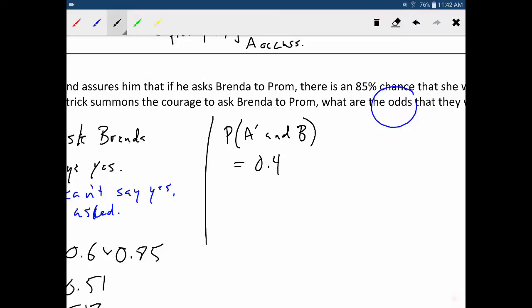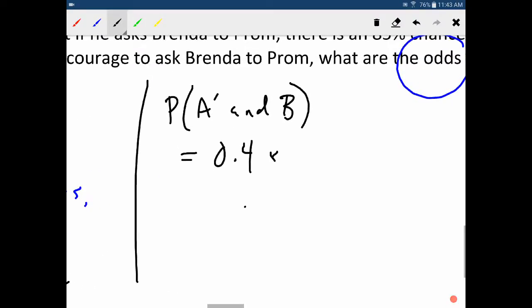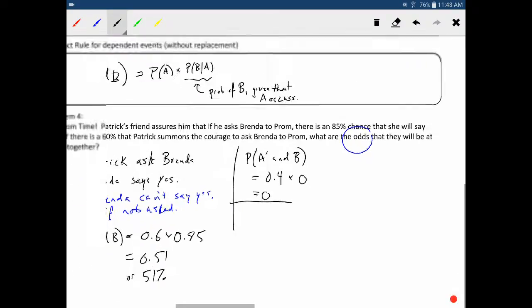But then we have to multiply by the probability that Brenda will say yes, given that she's not asked, which, as we talked about earlier, is just 0. So the answer is 0. This is where we can disregard this situation.